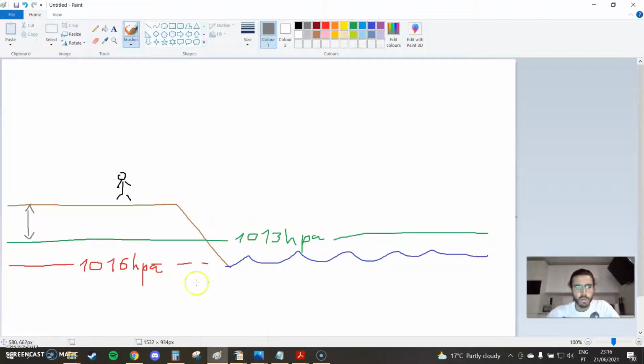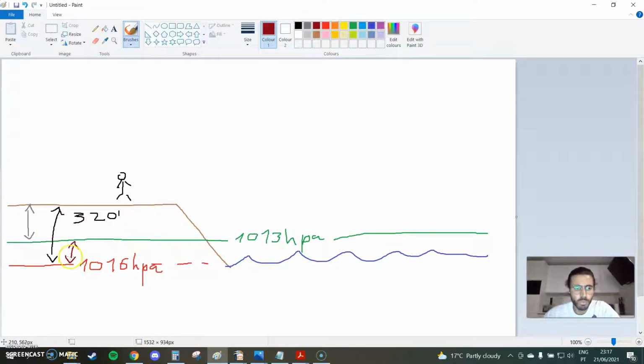So what do I know? First of all, I know that my altitude in relationship with the mean sea level, that is where this 1016 isobar is, is 320 feet approximately. So if I take the 320 and I subtract this distance, I will have this altitude here. That's what I want, okay?